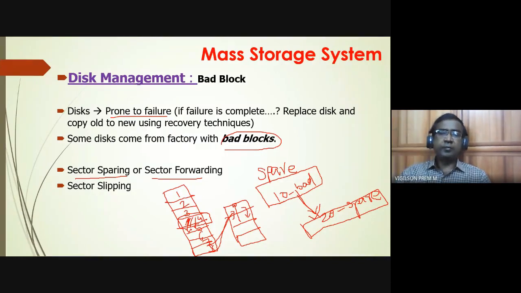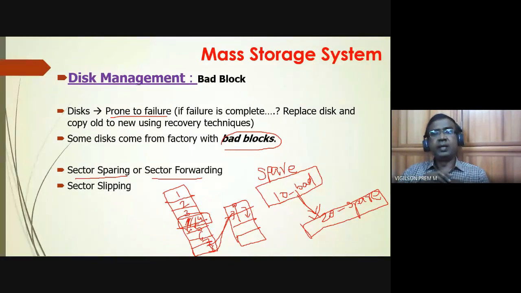What is the difference between sector sparing and sector slipping? Sector sparing means at one place of the disk we assign one sector as a spare sector, and whatever data you write in the bad block will be forwarded to that block. It may be available in any location of the disk.